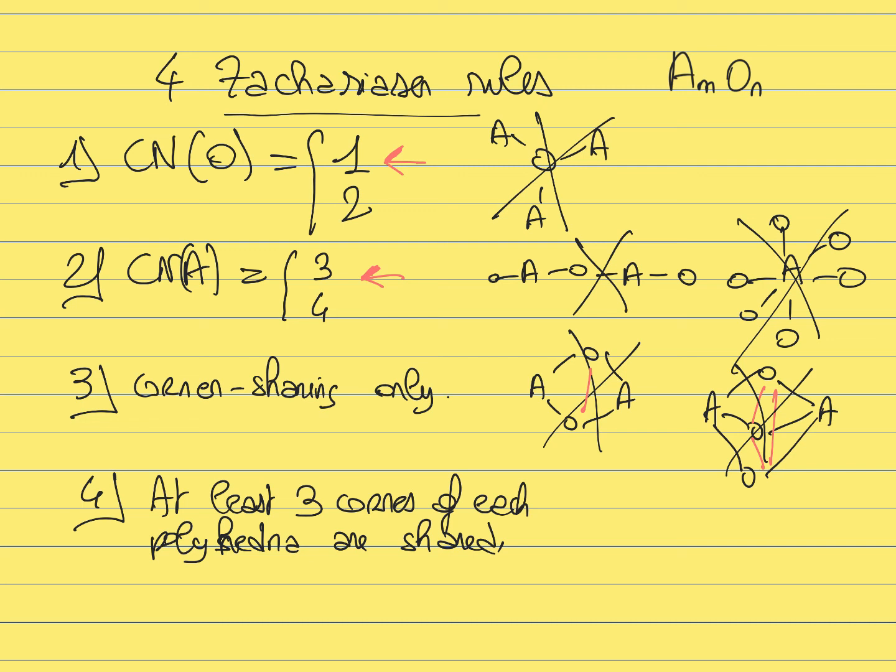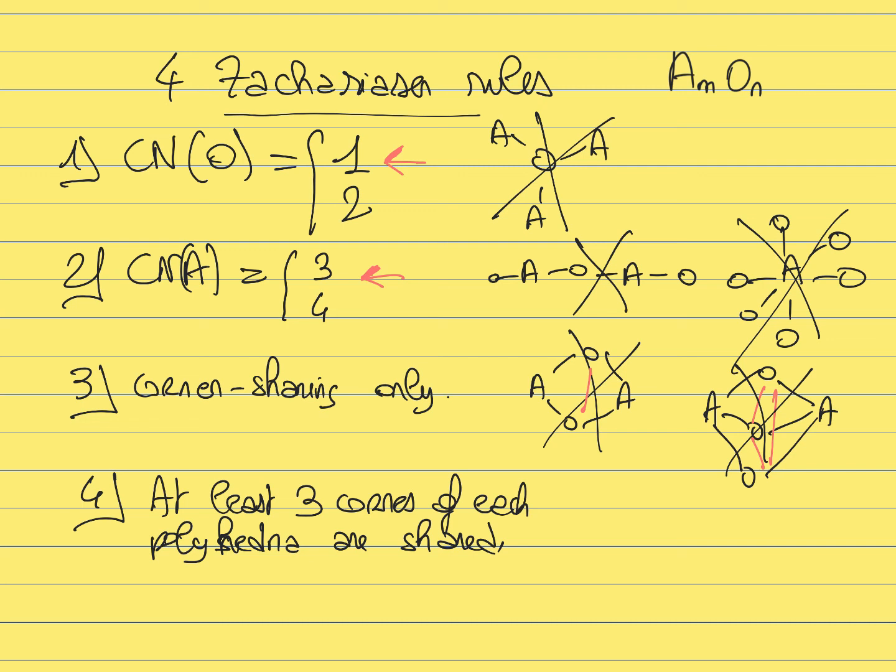And the last condition is that at least 3 corners of each polyhedra need to be shared. The reason for this is that if you have fewer than 3 corners shared, then again you would not be able to form a 3D structure.